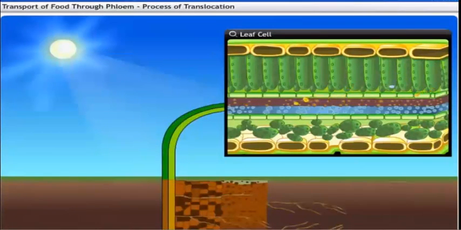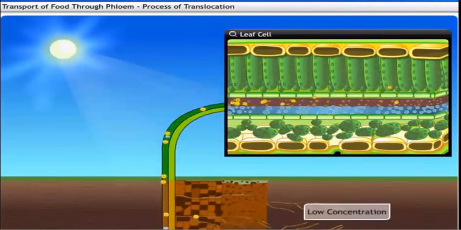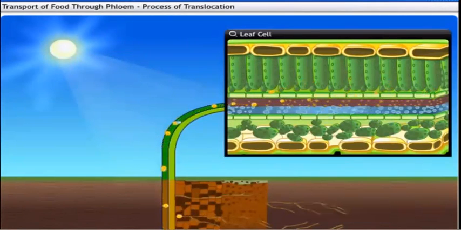This high concentration of sugar in the phloem causes water to move from adjacent cells to the phloem by osmosis. It creates an osmotic pressure in the leaves, which eventually results in translocation of solutes from its region of higher concentration to the region of low concentration, like root or other storage organs.